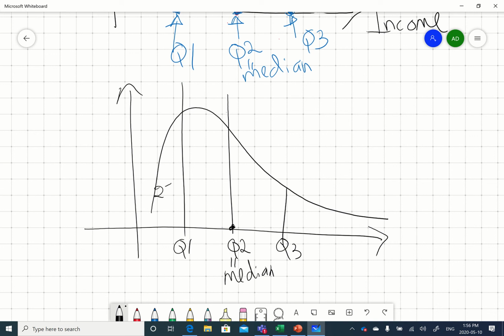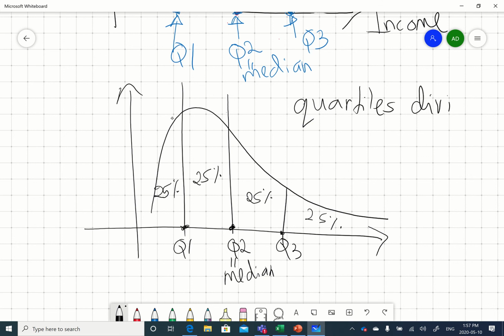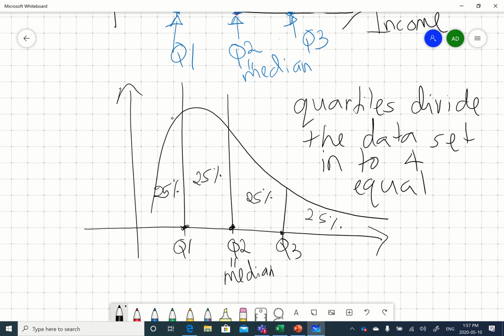So each piece must have 25% of the data. Okay, right. So that's the idea of quartiles. Quartiles divide the data set into 4 equal parts.